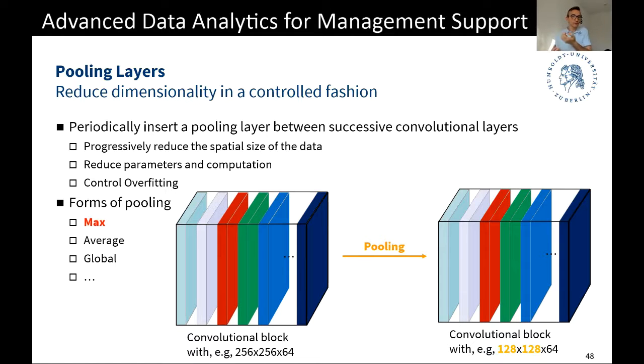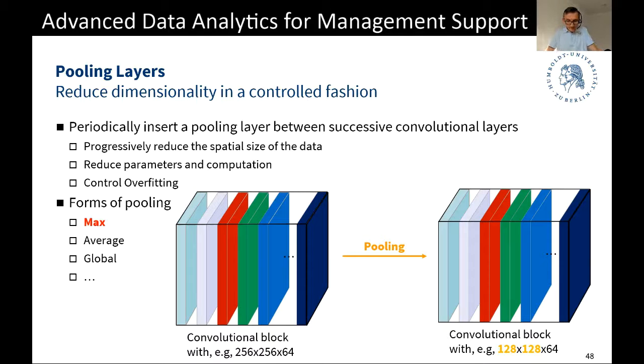And then at some point we don't need that many weights anymore because our latent features are already quite powerful and we don't need so many of them. And that's basically what pooling is about. There are different forms of pooling, as we shall see shortly, and they always reduce the resolution of the image.